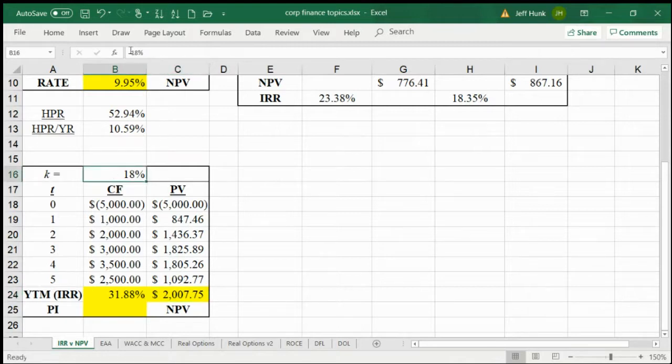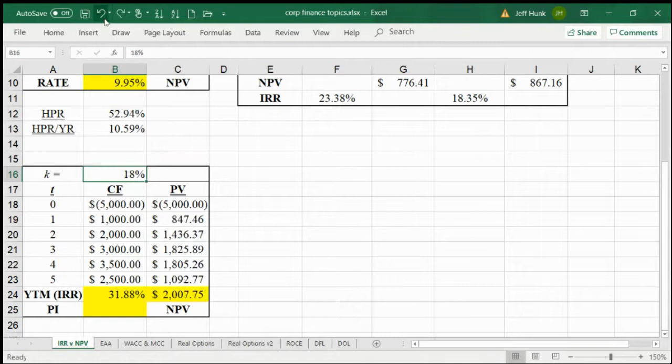But suppose we have 38% as the cost of capital, which is very high cost of capital. Of course, you would reject this project and you reach the same conclusion by net present value as well. Right? Makes sense? You reach the same conclusion. Okay.